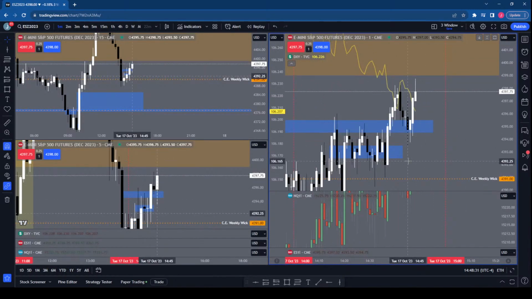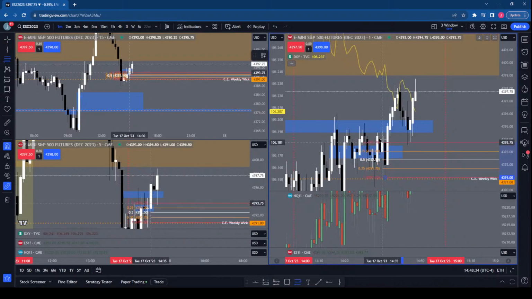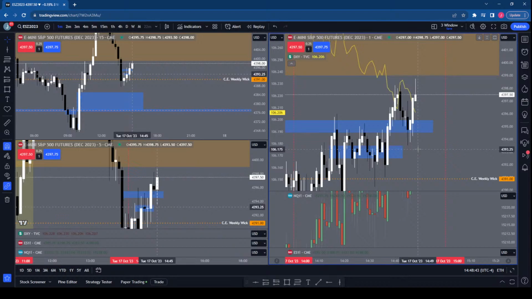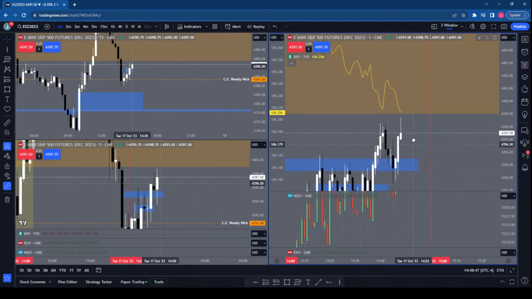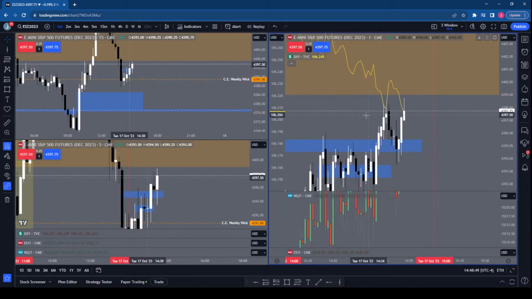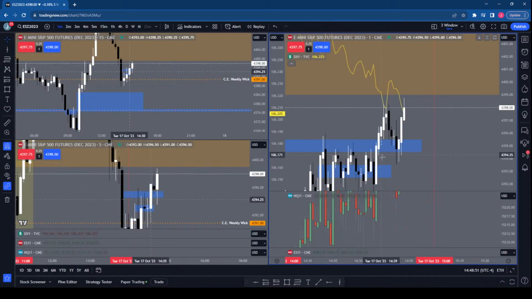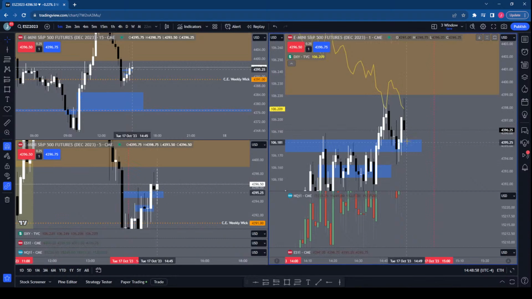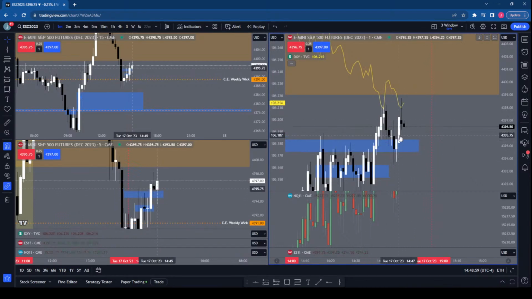Okay. See, now that it came above this fair value gap, came down, touched that order block, bodies respected this fair value gap.